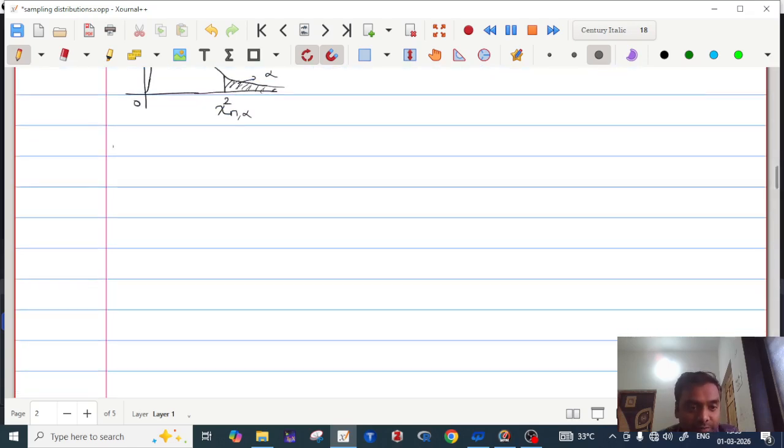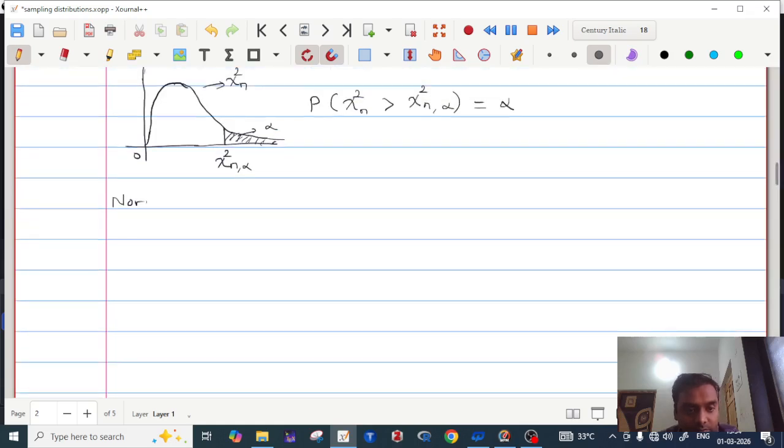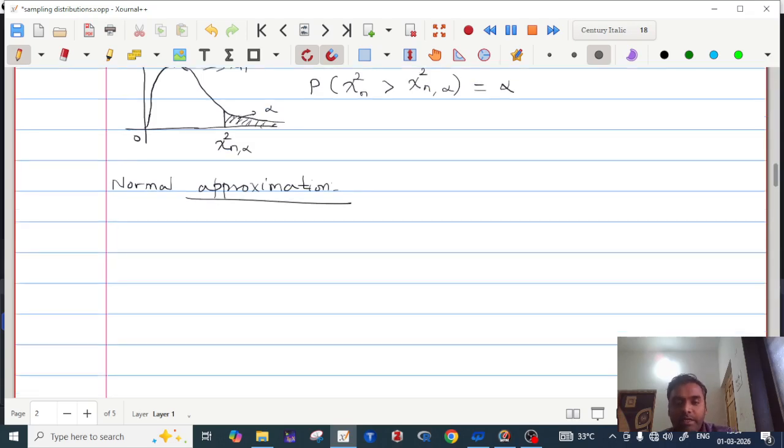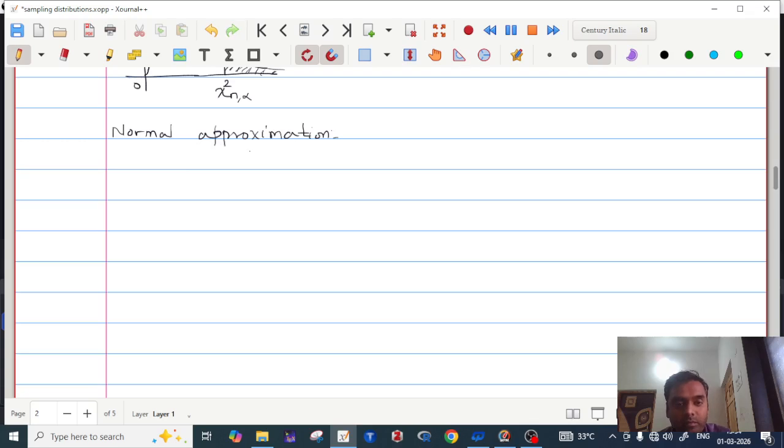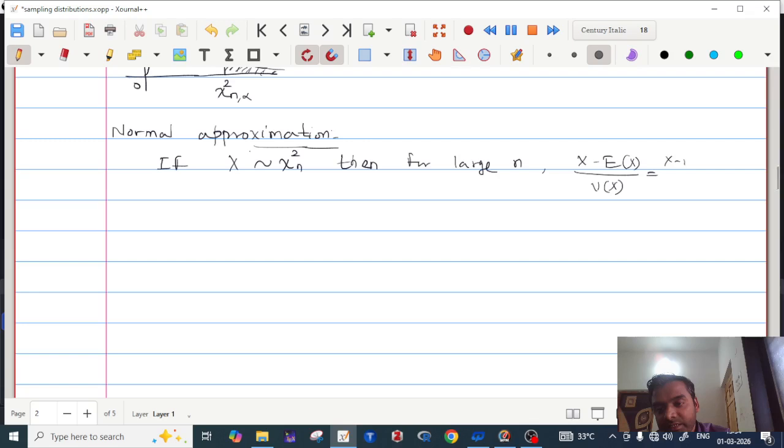Next is the normal approximation. The normal approximation is: if x follows chi-square with n degrees of freedom, then for large n, x minus expectation of x divided by the square root of variance of x, which is nothing but x minus n upon the square root of 2n, follows normal 0 comma 1.